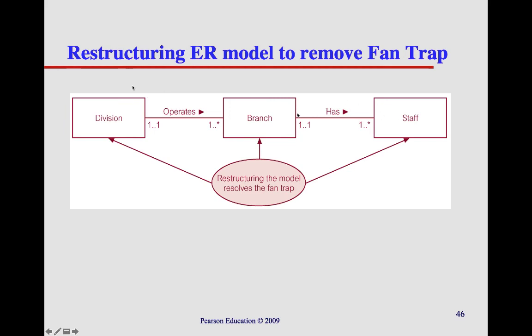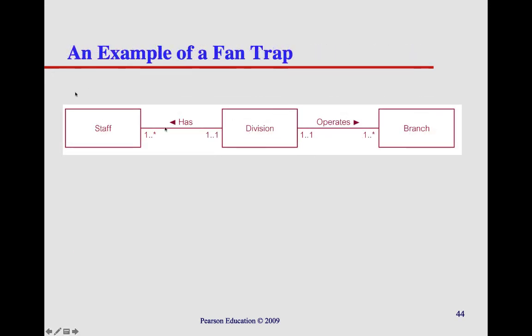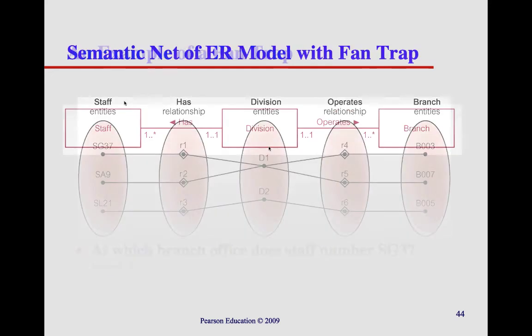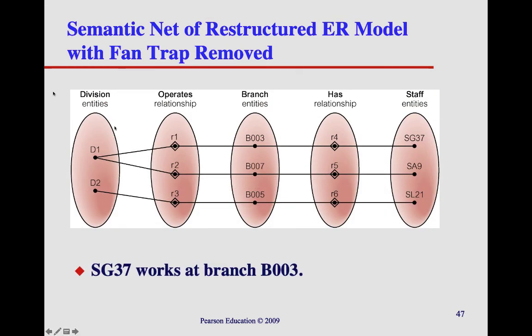A staff belongs to a branch. A staff member doesn't really belong to a division. Yes, a staff member belongs to a division, but indirectly. A staff member directly belongs to a branch. So it is better to say directly the staff belongs to a branch. The branch operates or belongs to a division.